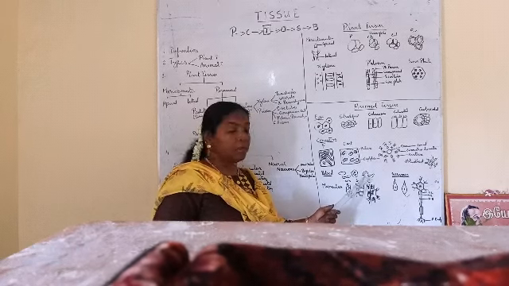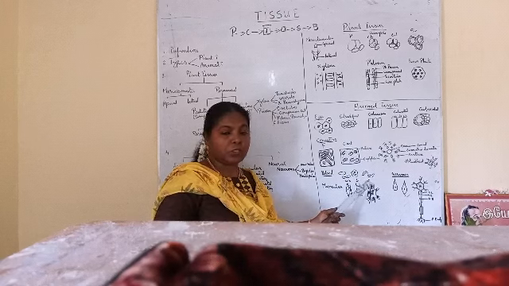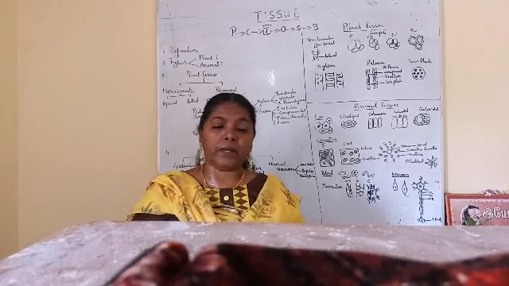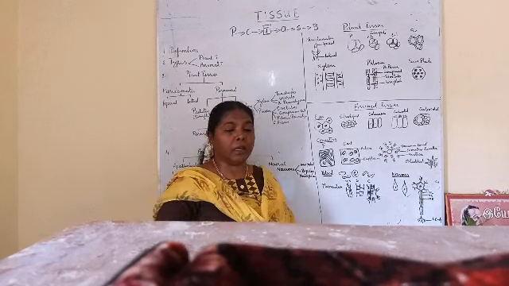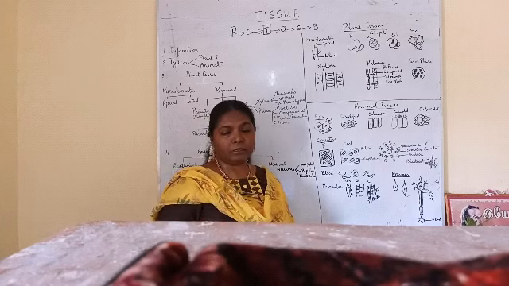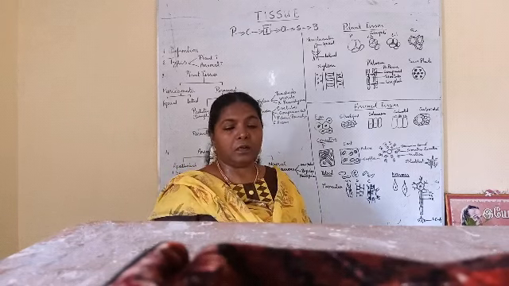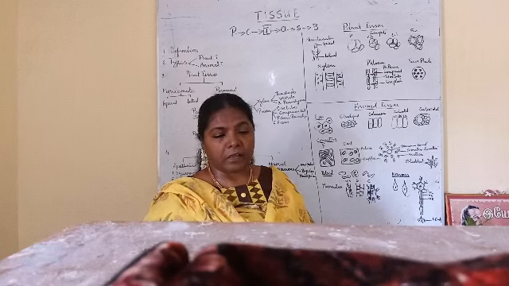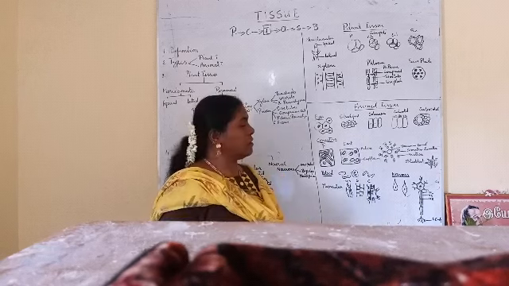Okay. The next comes platelets. One of the blood tissues, very important for blood clotting. If someone gets dengue fever, the platelet count will go down. At that time they will try to increase the number of platelets. They will give medicine. So platelets are very important.